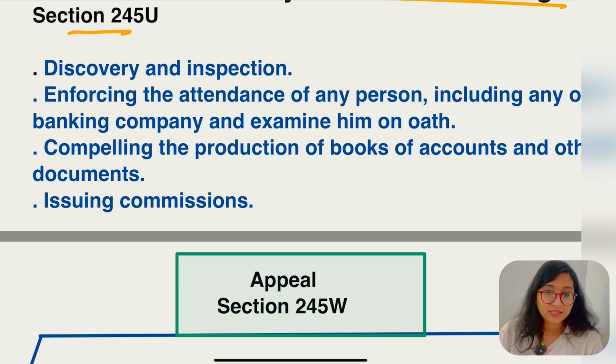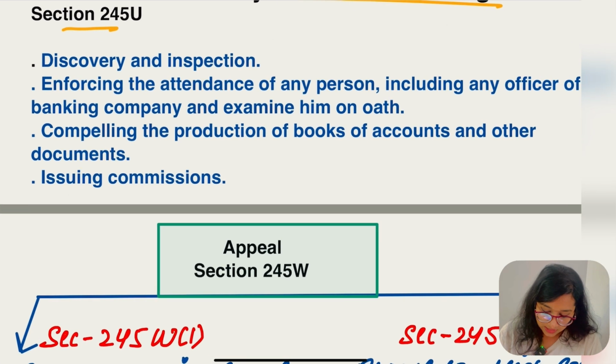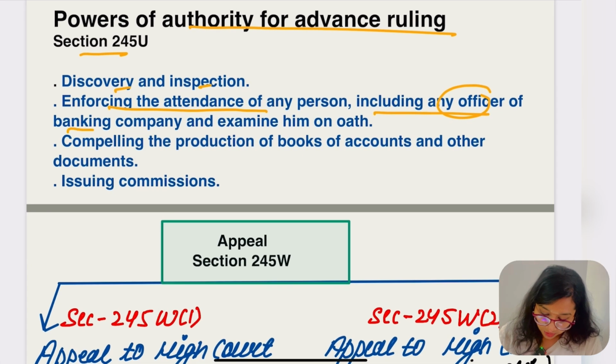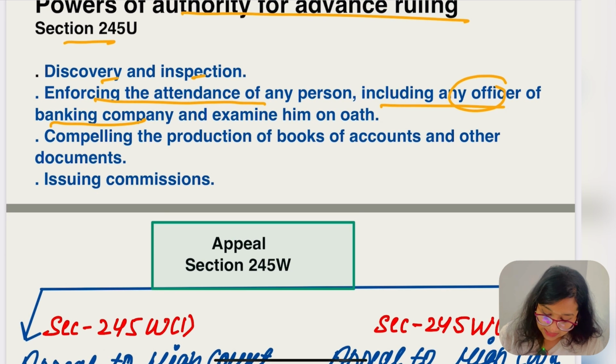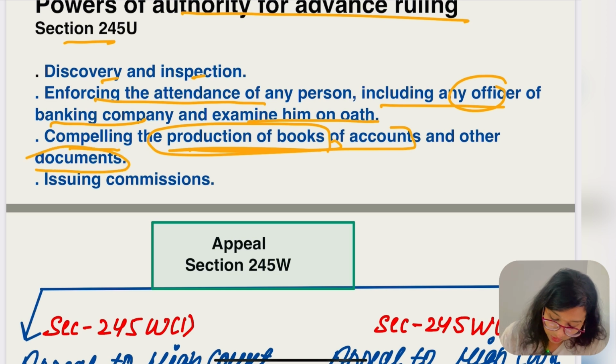They have the same powers. We have already discussed this, we know this actually. So let's read out: discovery and inspection, enforcing the attendance of any person, including any officer of a banking company, and examining him on oath. Third, compelling the production of books of accounts and other documents.